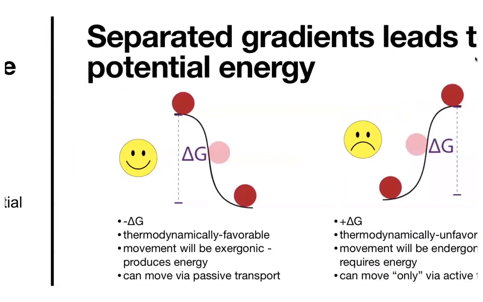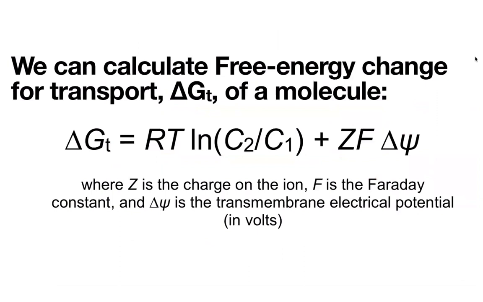So how do we know where it likes to be more or less? We can calculate this free energy change for transport, this delta GT. I know we've seen a bazillion delta Gs, but this is going to be the delta GT for a molecule. It's equal to RT times the natural log of C2 over C1. So this is the concentration at place 2, the new place, divided by the concentration at place 1, the old place, and then plus this part.